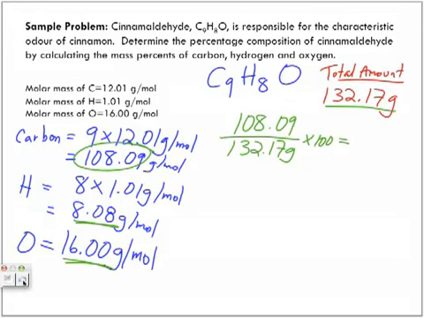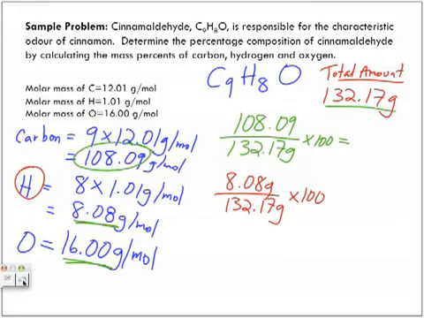When I don't have significant digits in the question, always round off to 2 decimal places. Okay. So that will be for carbon. Then for hydrogen, we have 8.08 grams divided by 132.17 grams, and we're going to multiply that by 100.